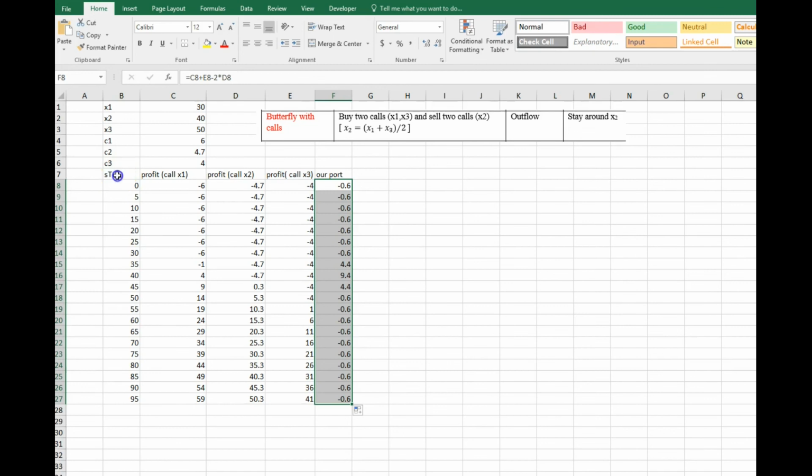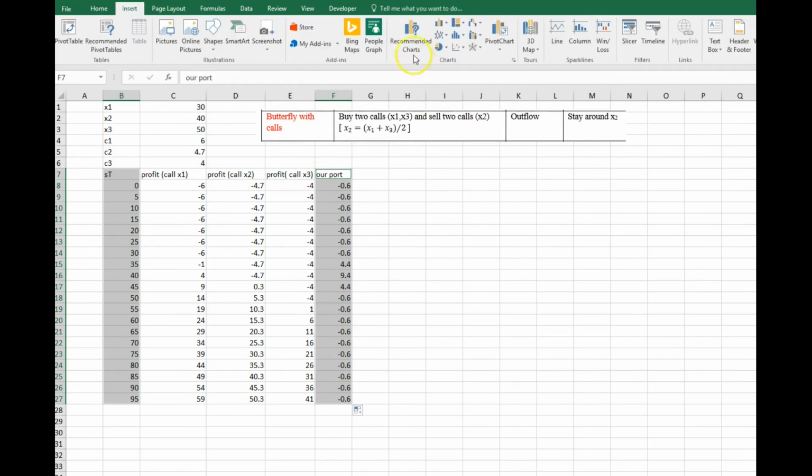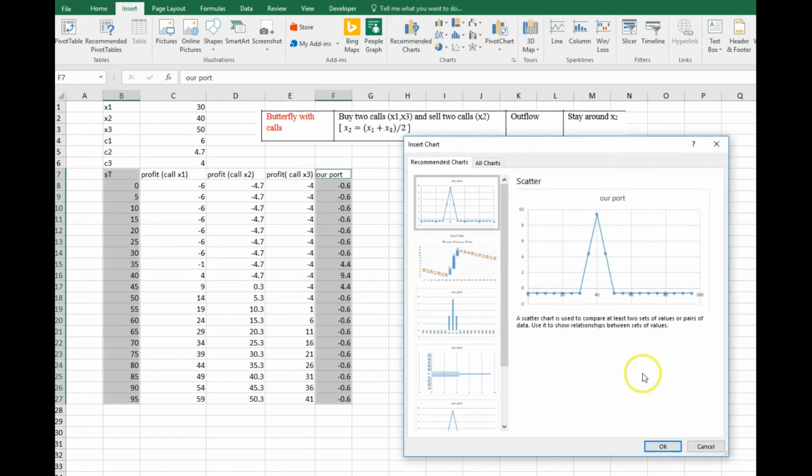So let's draw the graph. Okay, so this is terminal stock price column, hold control key. This is our final profit or loss. Click insert, click recommended. Then this is our butterfly.